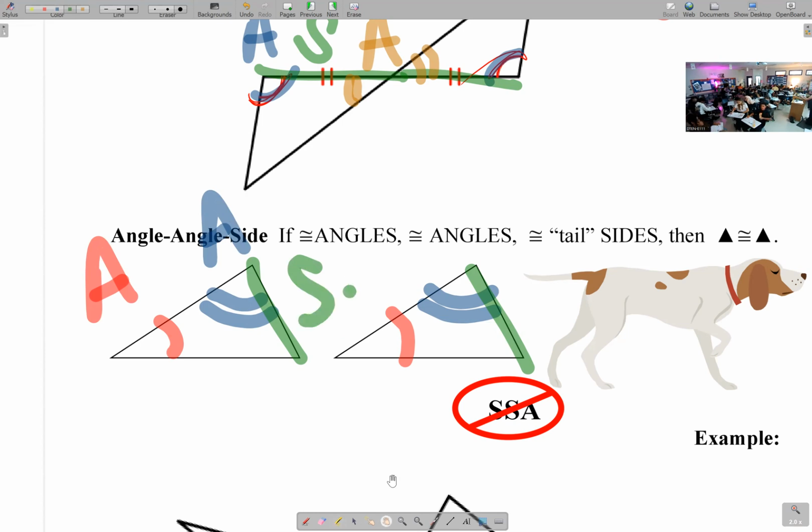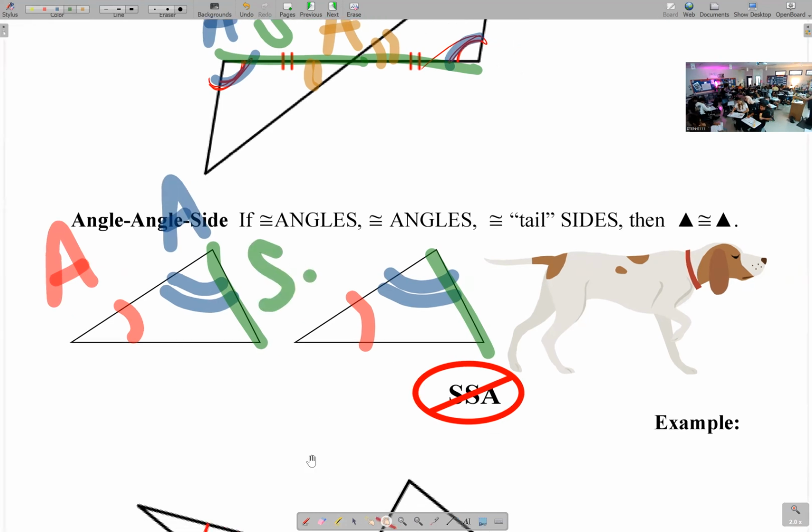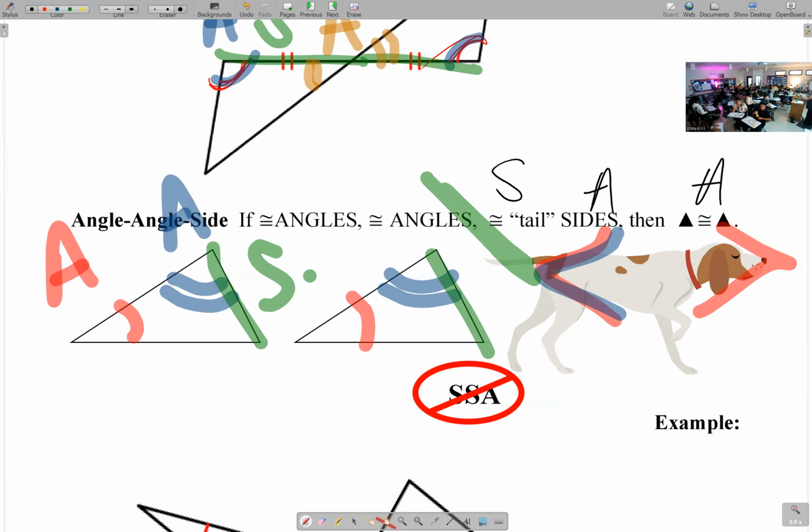I call this the tail because you have one angle, another angle, think dog's rear end, and then the side is the tail of only one angle. And it can spell angle, angle, side, or side, angle, angle.